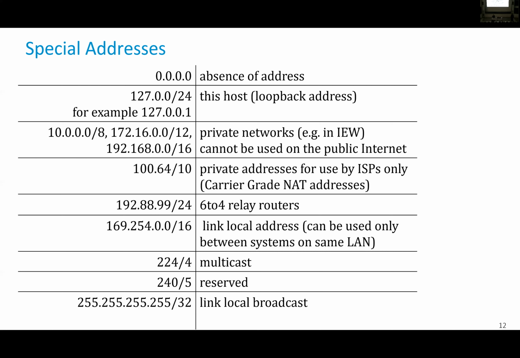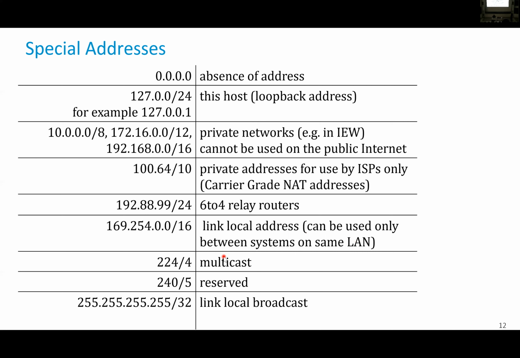That's a bit strange terminology. But remember, IP views the world as an interconnection of local area networks. And all the things that are on the same local area network, we say they're on the same link. A link is another word for a local area network.